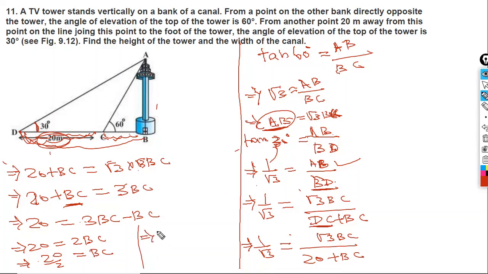So BC equal to 20 by 2, which is 10 meter. So length of BC is 10 meter. So who was the base? BC. BC was the width of the canal.